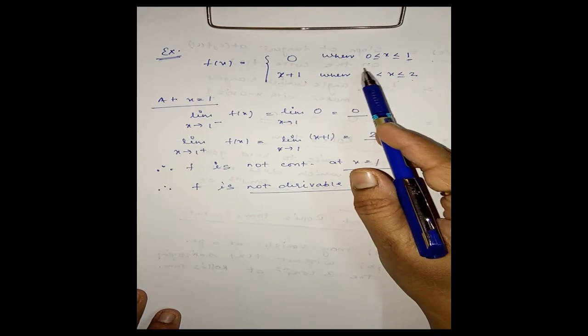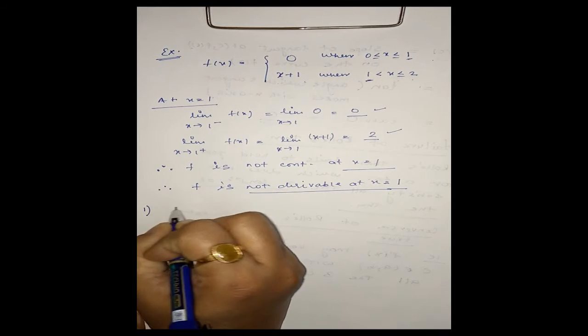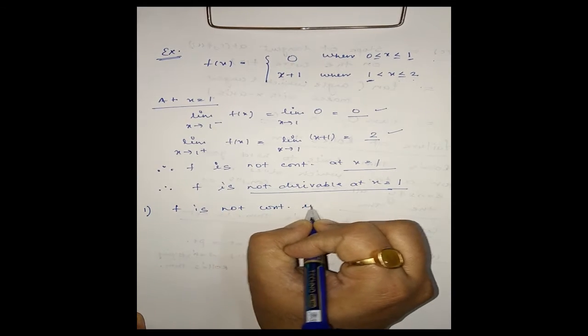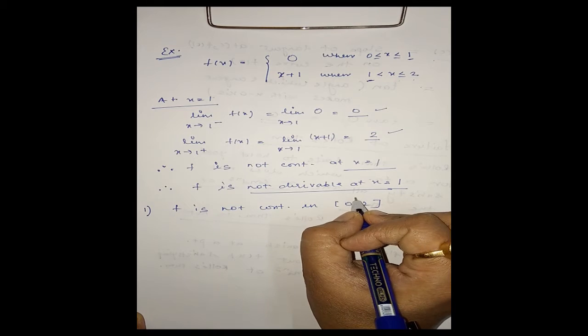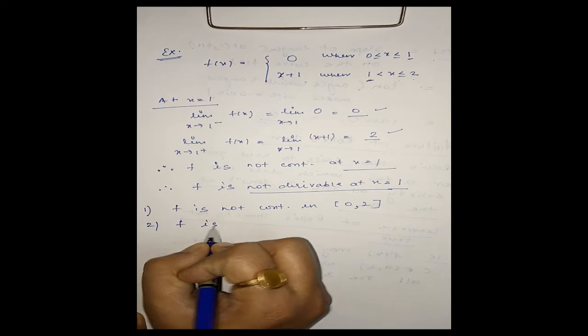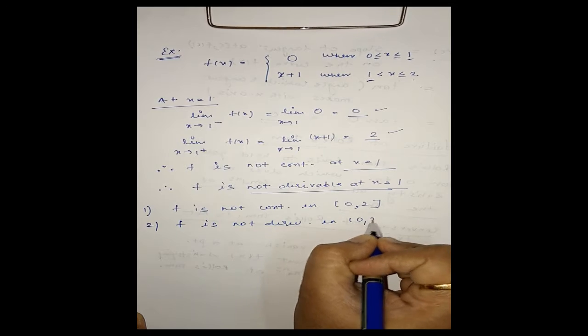Now 1 is an in-between point of 0 and 2. Therefore, first, f is not continuous in the closed interval 0, 2, because at the point 1 in between it is not continuous. Also, f is not derivable in the open interval 0, 2.